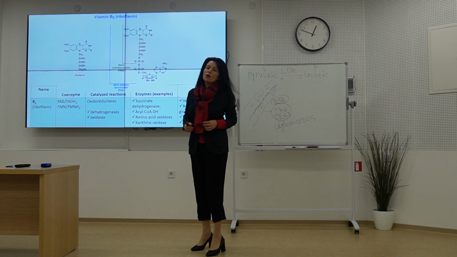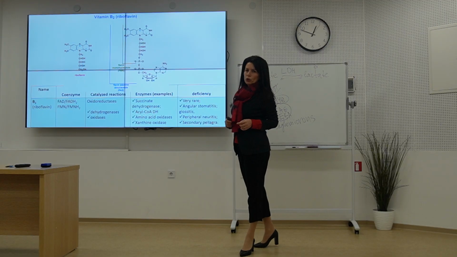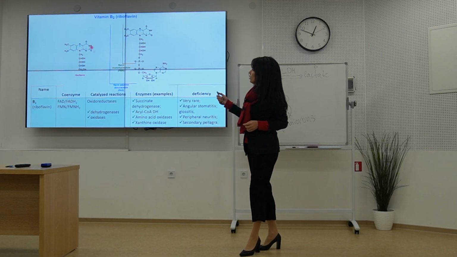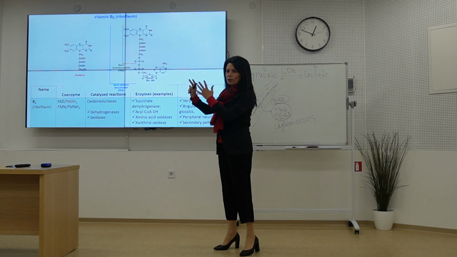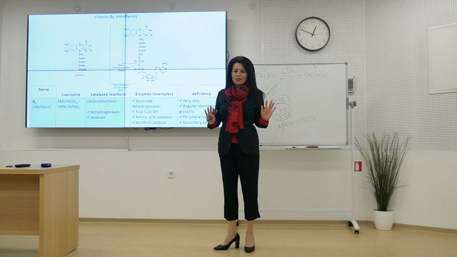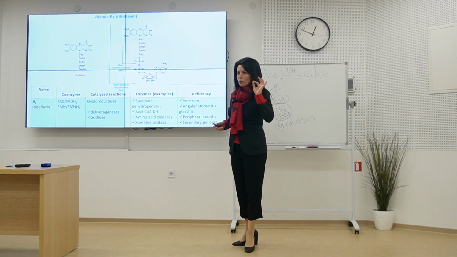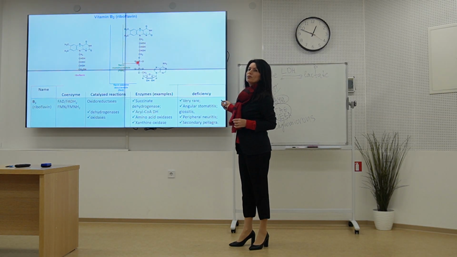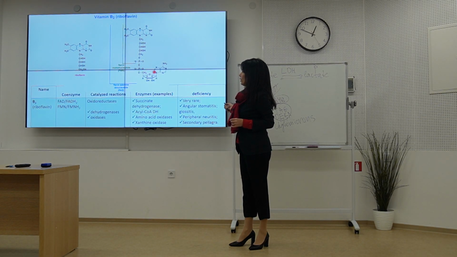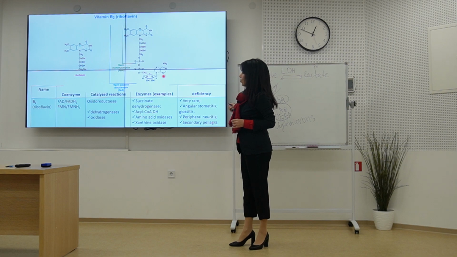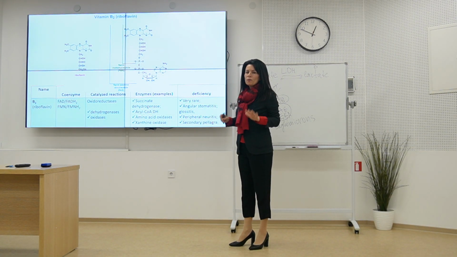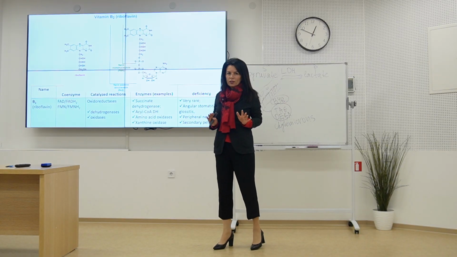The second water-soluble vitamin is called B2. The full name is riboflavin. This is the riboflavin, but riboflavin alone is nothing. If there is no combination with one phosphate, a second phosphate, one more pentose, and one more compound which is the nitrogenous base adenine, riboflavin is nothing.